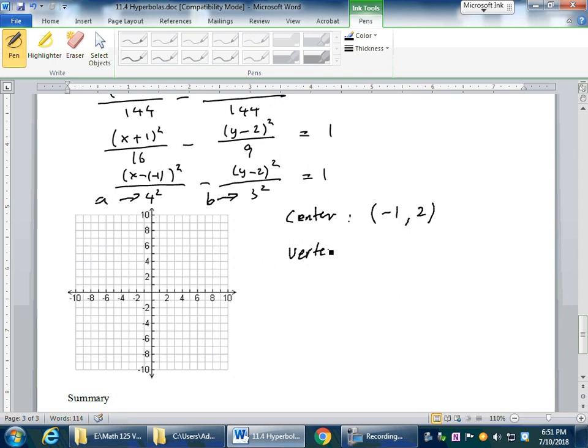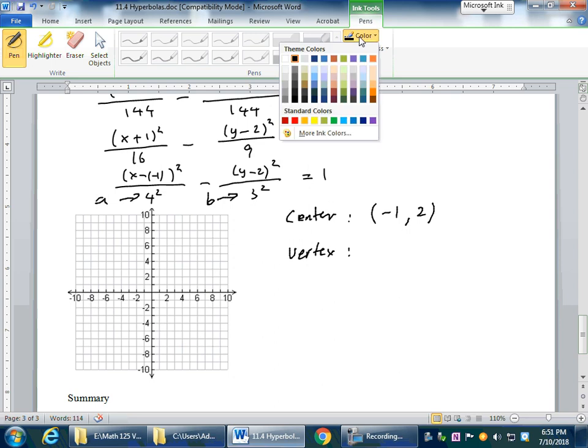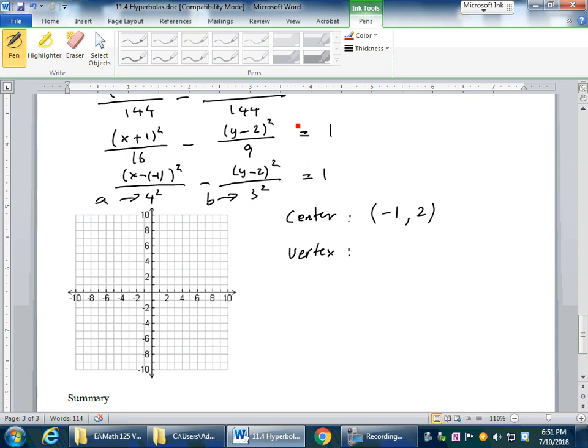The vertex, we always come back and get the vertex at the end. So first, plot the center, negative 1, 2, which is right here, and then you count your A, 4 units to the left and 4 units to the right, which gives me part of the rectangular box, and then you count your B, 3 units to the top and 3 units to the bottom.